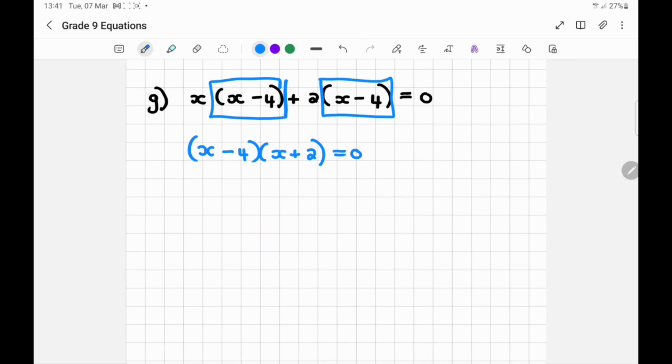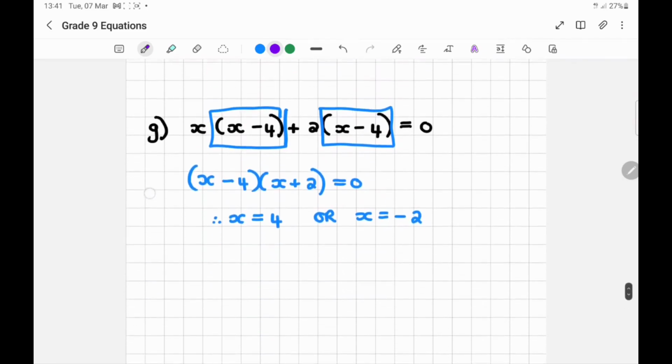So I'm sure if you had to simplify it and bring it together, you would have ended up with a trinomial, which you could have factorized into these 2 brackets as well. But if you looked closely, you could have seen that there's 2 brackets that's exactly the same. Take out an HCF of x minus 4. What is left? X plus 2. Thus, x is either 4 or x is equal to negative 2.